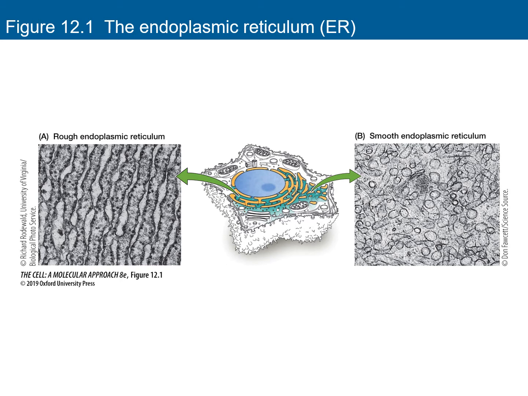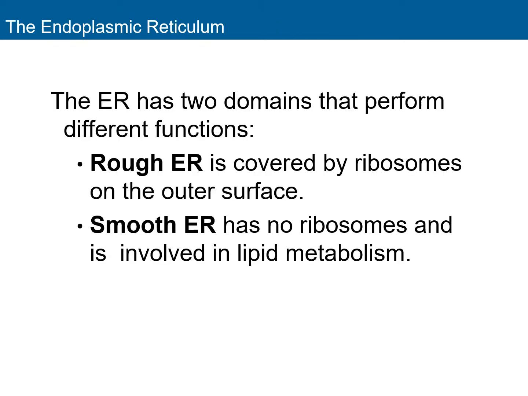And the role of rough is in the production of proteins because of the attachment of ribosomes to the endoplasmic reticulum. So that's the main role of both of those. One is related to proteins, which is rough, and the other one is related to lipids, which is the smooth one.